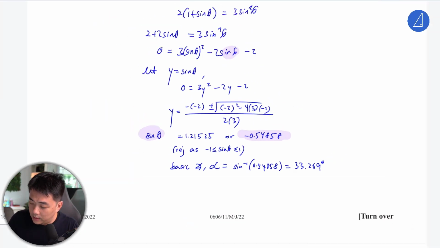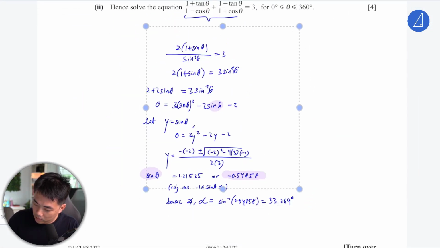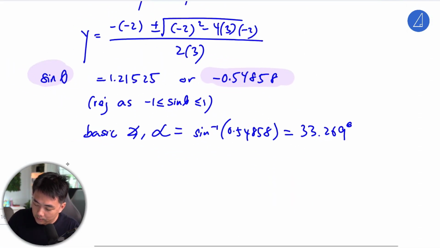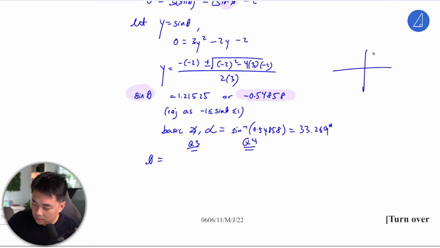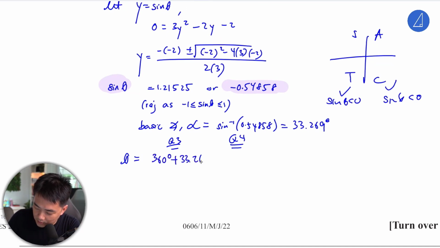Then what I'm going to do is just know that sine is negative for quadrant 2, quadrant 3, and quadrant 4, ASTC. So ASTC, sine is negative here and here. So we are looking at 360 plus 33.269 or 360 minus 33.269.